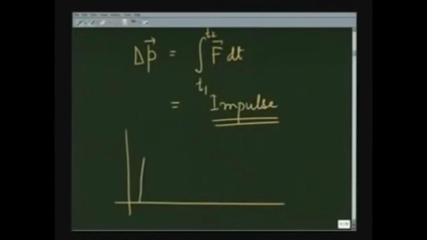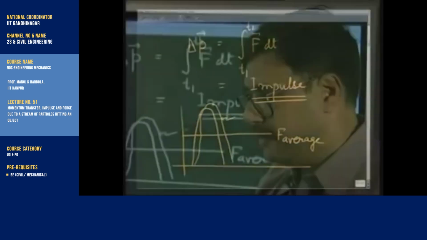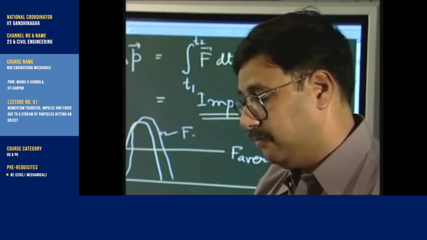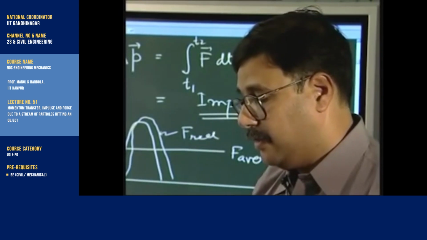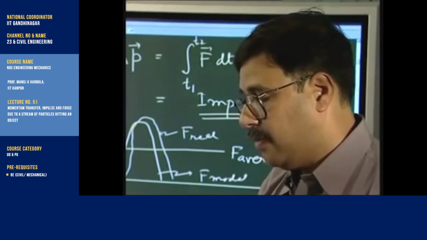Although I have made the force varying like this, a very neat curve sine omega t, the actual may also differ slightly, but the average force was somewhere here. So this is F average, this is F maybe real, and this is F as I have modeled it.